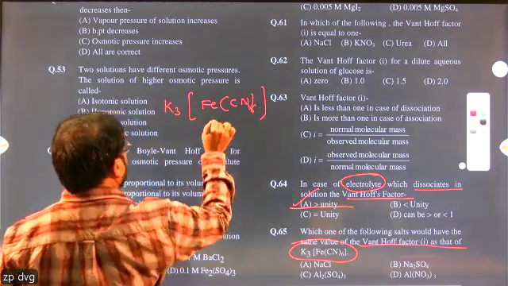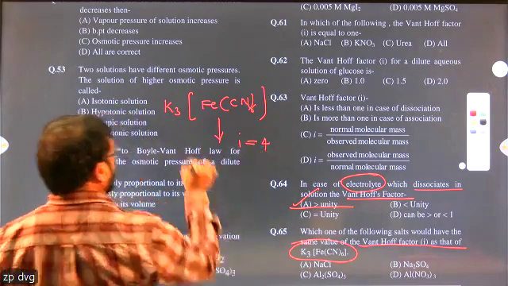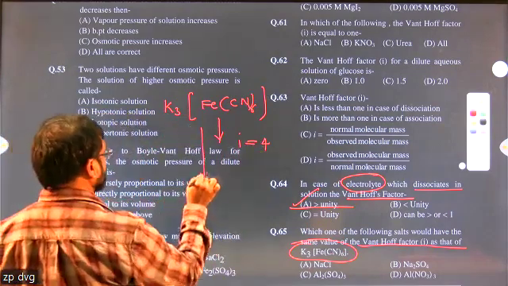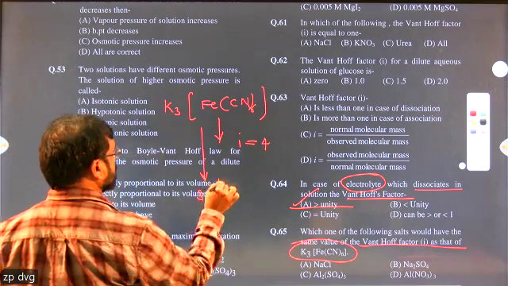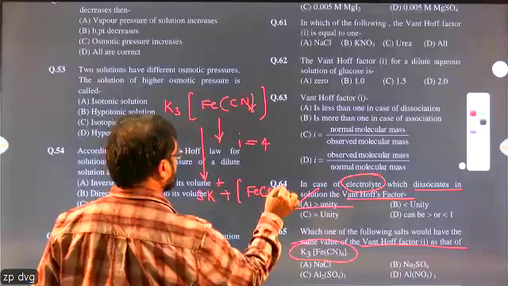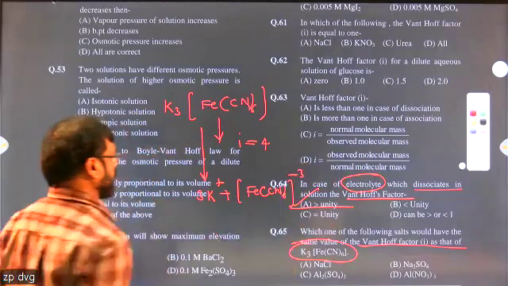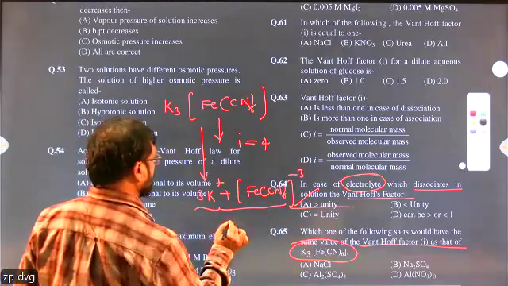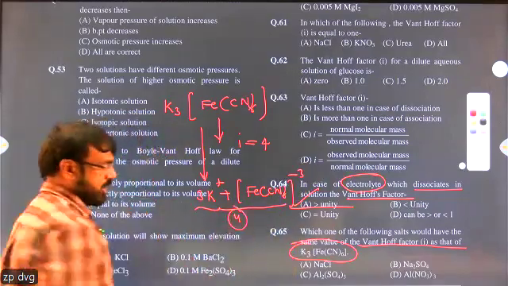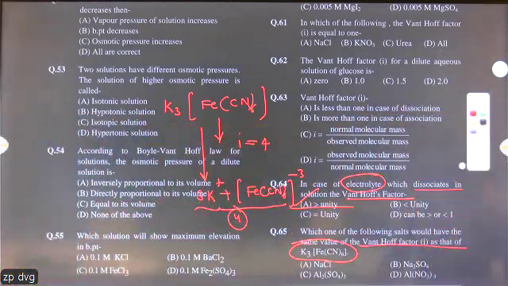For this, what Van't Hoff factor will we get? i is equal to 4. How? 3K+ ions and one complex ion [Fe(CN)6]3-. The total number of particles is 4. In the given options, where will we get the same number of particles?